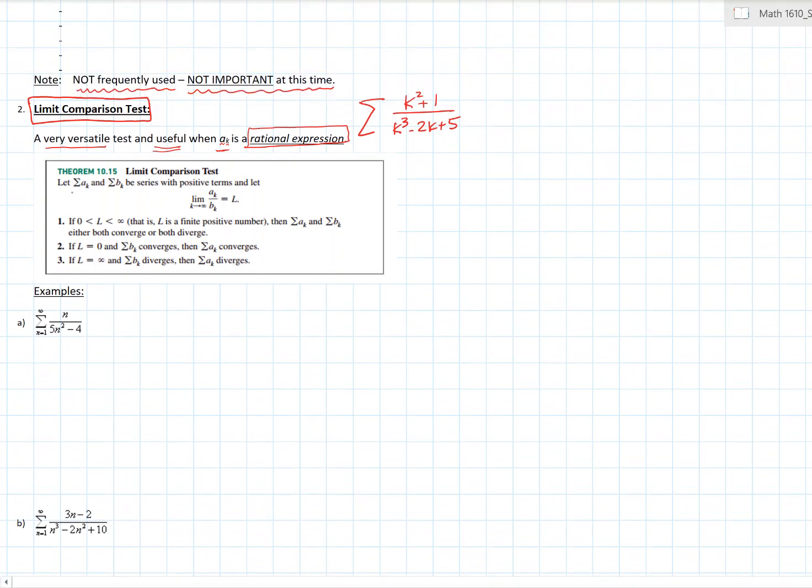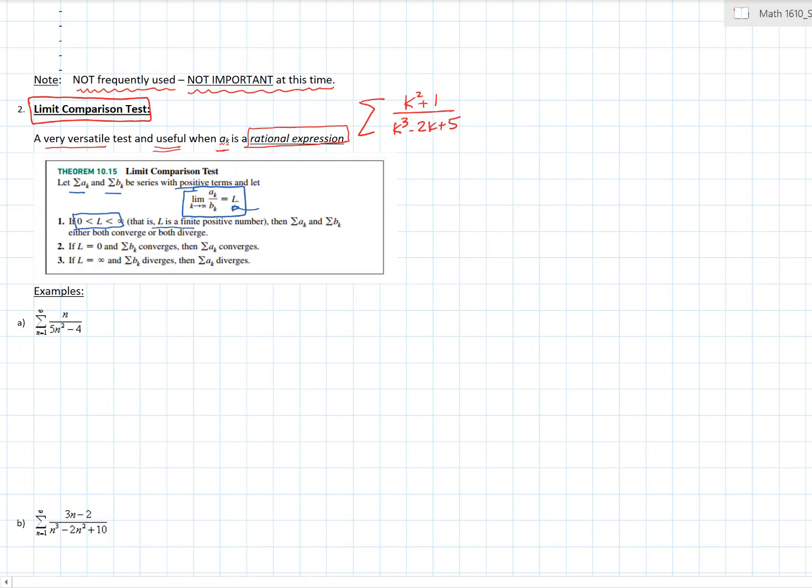So it says there are two series, a_k and b_k. They have positive terms, which is always the case, and you take the limit of a_k over b_k, and suppose the limit is L. Then if L is between 0 and infinity, that means it should not be 0 and it should not be infinity.